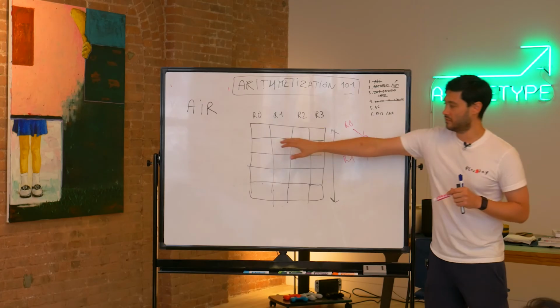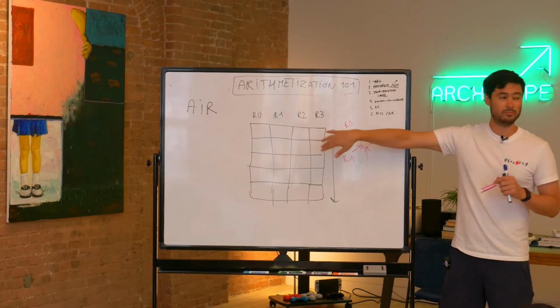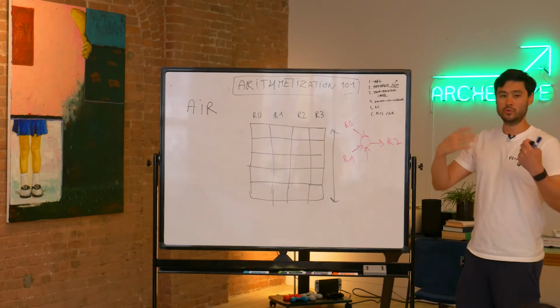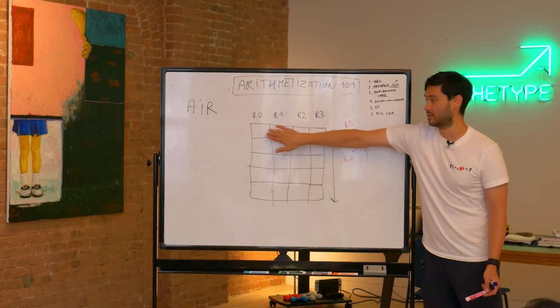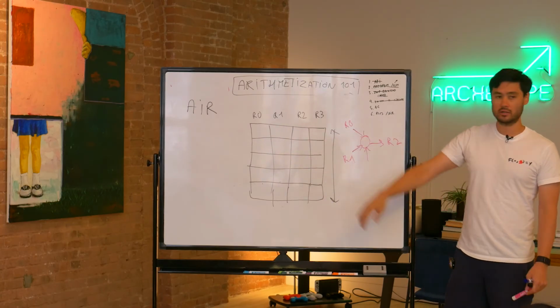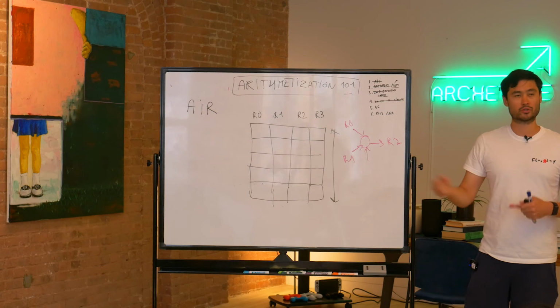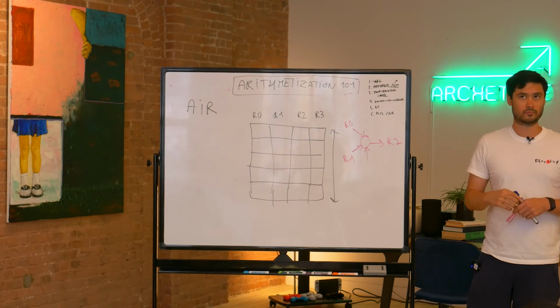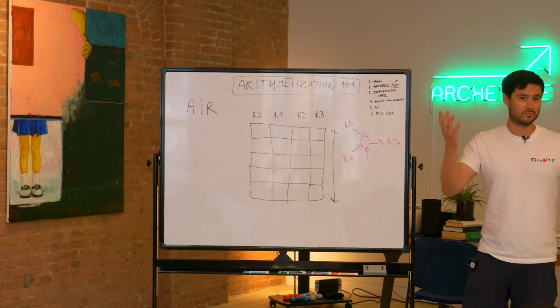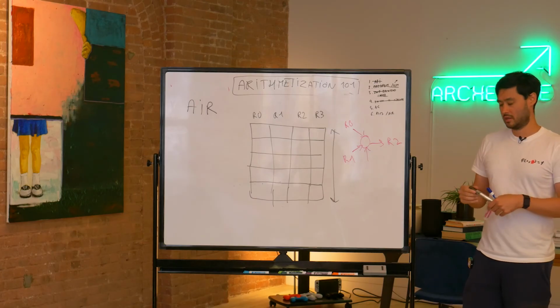So again, you can think of whatever is here as symbolic variables. When you want to prove something, these will actually take values, and you will try to constrain what values you can have there.